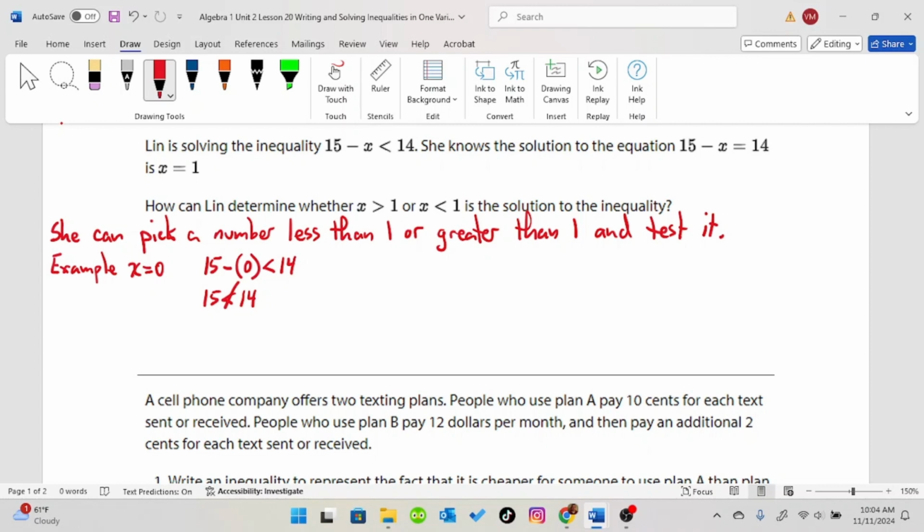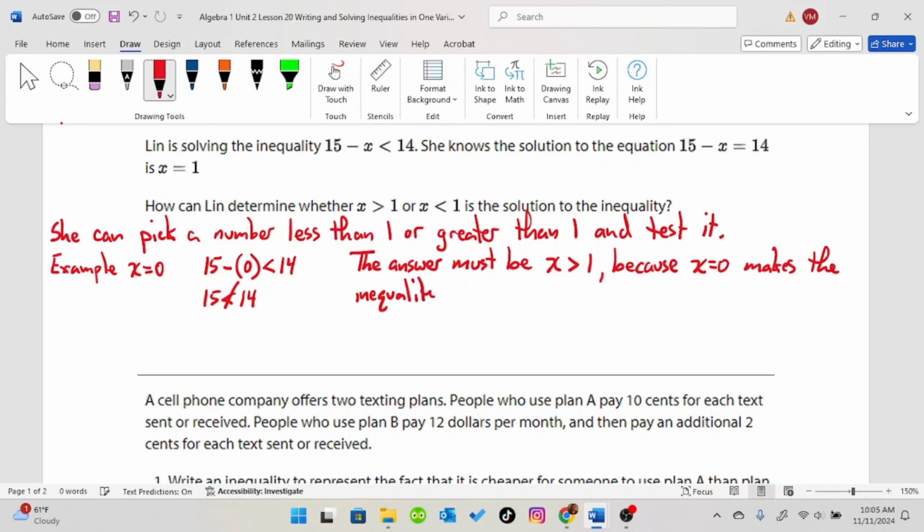Therefore, 0 does not work, which means no numbers less than 1 will work. Therefore, the answer must be x is greater than 1 because x equals 0 makes the inequality false.